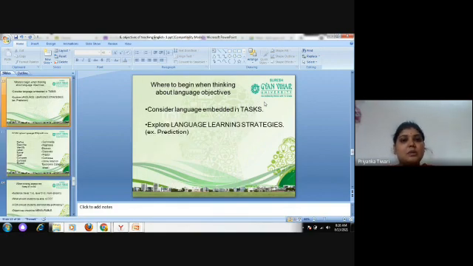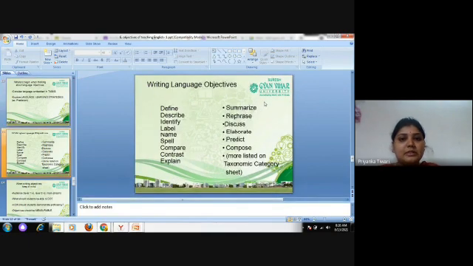Then consider language and task, and explore language learning strategies and prediction.